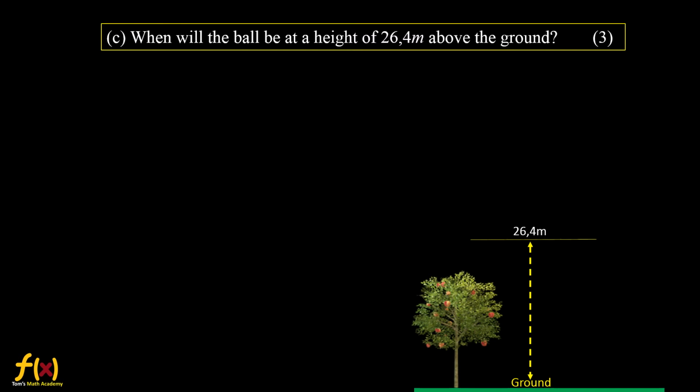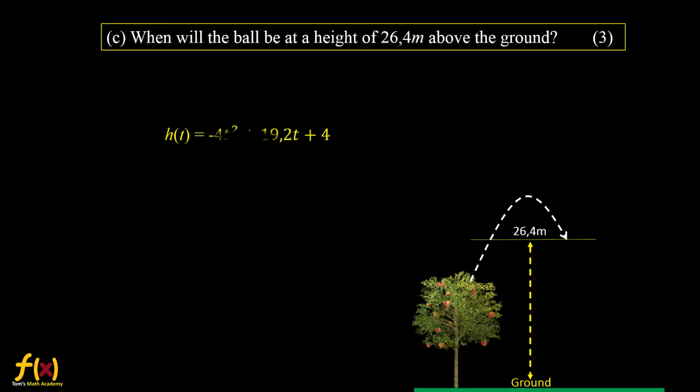Let us look at the movement of the ball. The ball goes up, going to the maximum height and coming down. So after 2 seconds, it reaches 26,4. Again, when it comes down, when it returns, another time is there. So that is what we have to calculate in this.